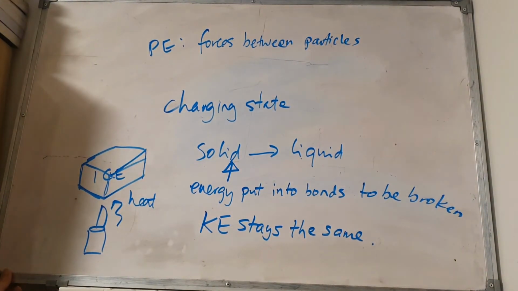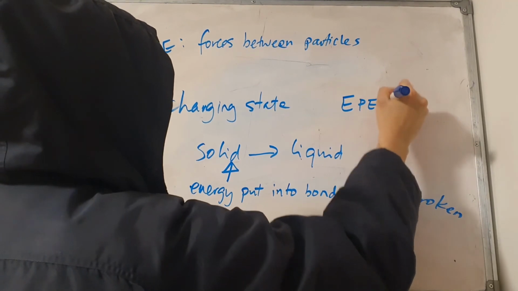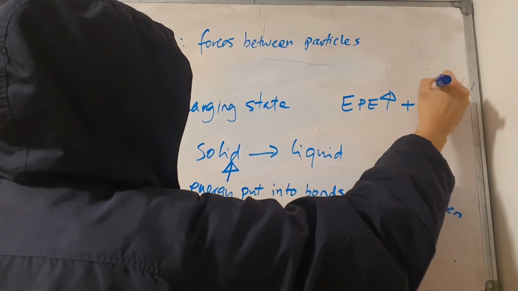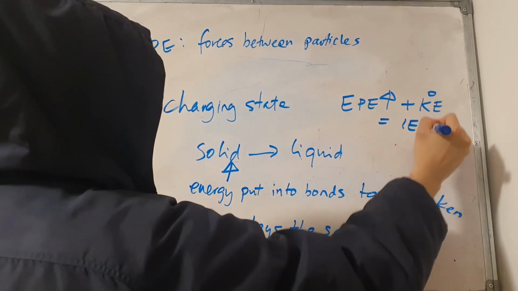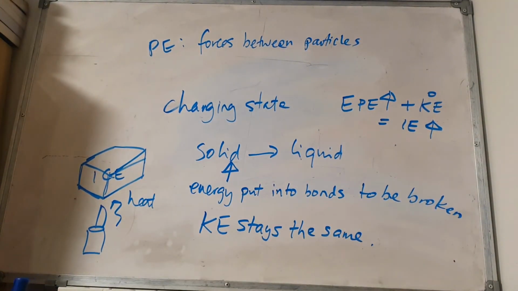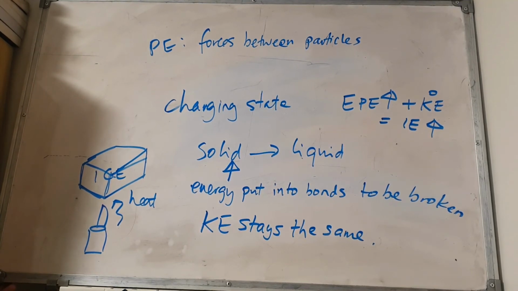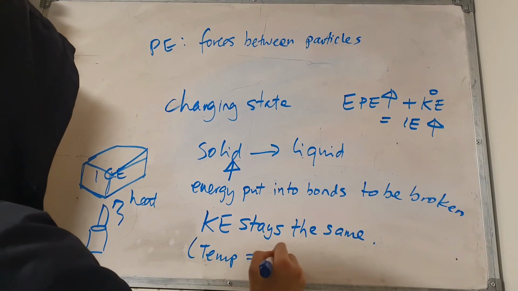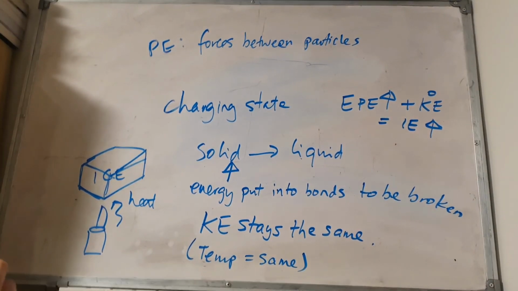So now the electrical potential energy has gone up, and the kinetic energy has stayed the same. So overall, the internal energy has gone up. The temperature stays the same because the kinetic energy stays the same.